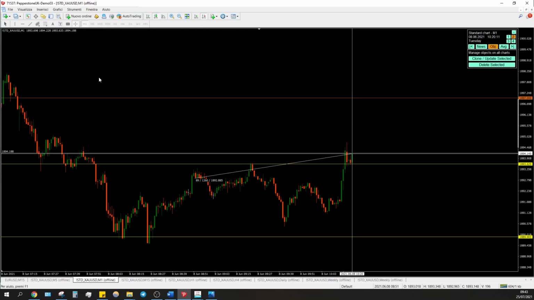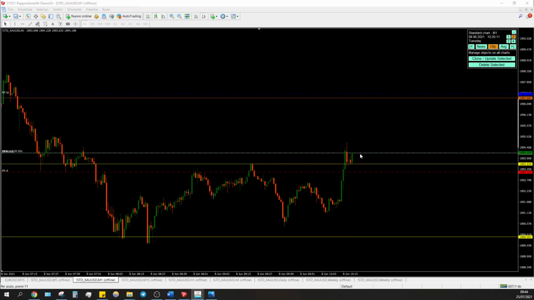The range above us is 30 pips. So not the greatest range, but if we take 10 pips, which is a risky one, we can get out either 30 pips or even 2.5 or 2 risk to reward.